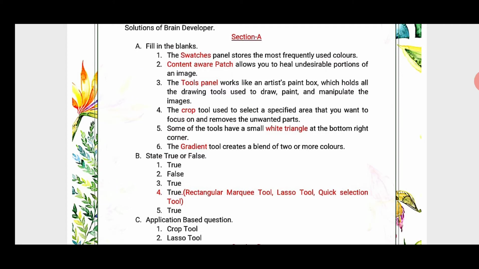Number 4, the crop tool is used to select the specified area that you want to focus on and removes the unwanted parts. Number 5, some of the tools have a small white triangle at the bottom right corner. Number 6, the gradient tool creates a blend of two or more colors.